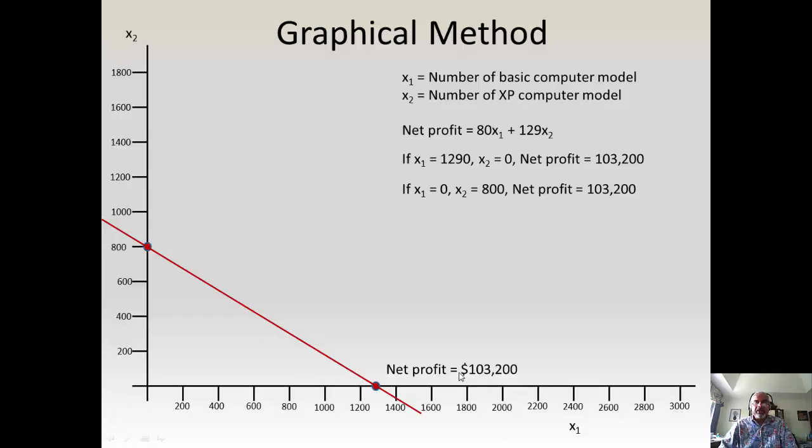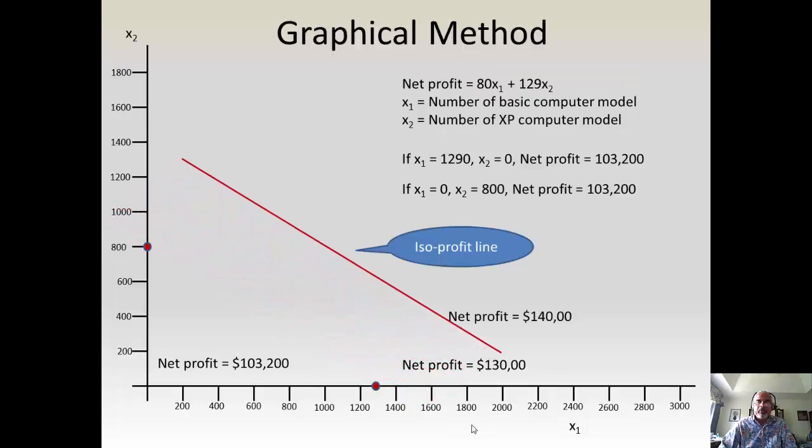And if you want to increase the profit, keeping the slope the same, so for the same $80 per unit for x sub 1, the base model, and $129 per unit of the XP model, then we can move this profit line up like this. As it goes up and up, the profit will change, but for any given level along that line, the same profit will be achieved for different combinations of x sub 1 and x sub 2.